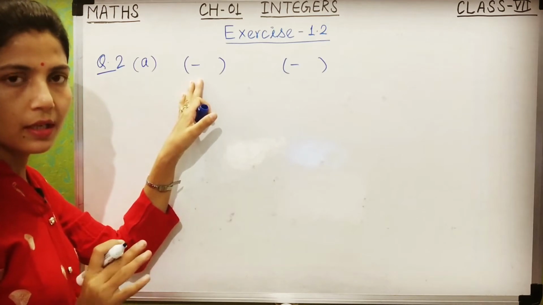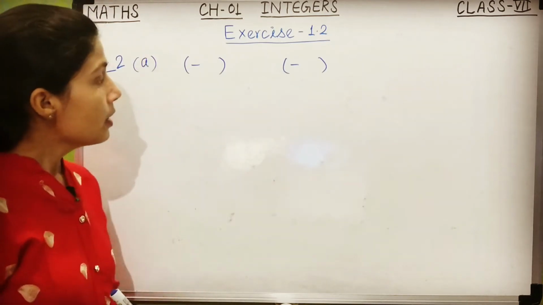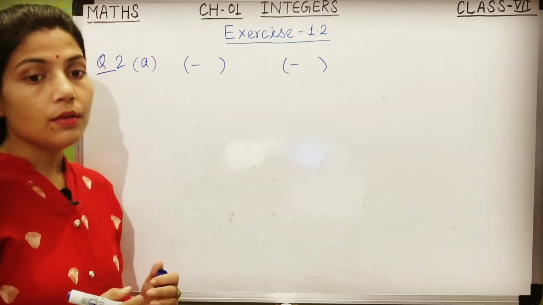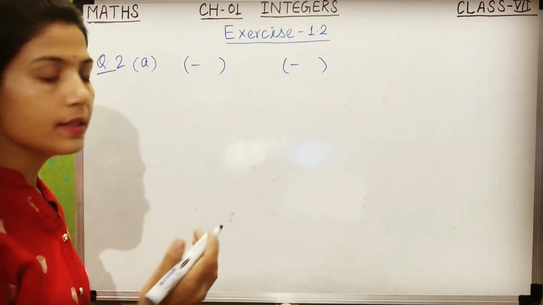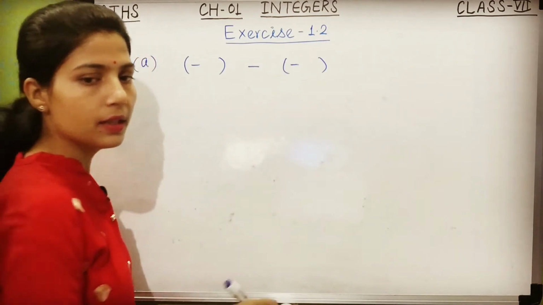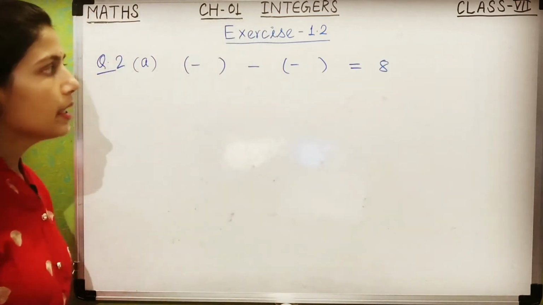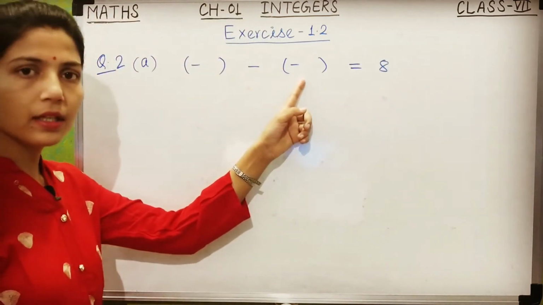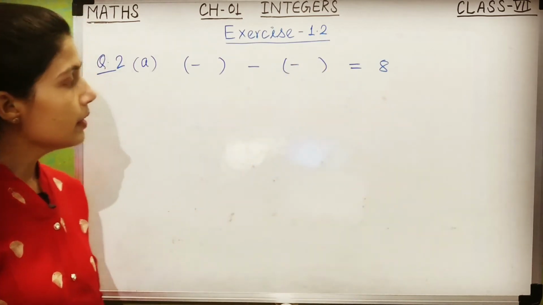The numbers we don't know, so we have to write them down. So write down a pair of negative integers whose difference, means there will be a subtraction sign here, and the result is 8. ओके, आपको क्या लेना है? दो नेगेटिव इंटीजर इस तरीके से लेना है कि उनका सब्ट्रैक्शन क्या है? 8 आए.